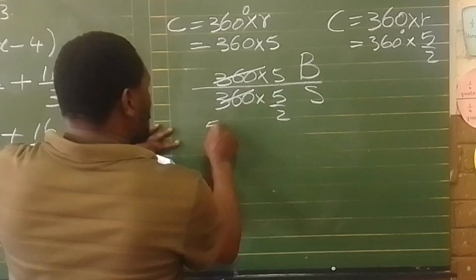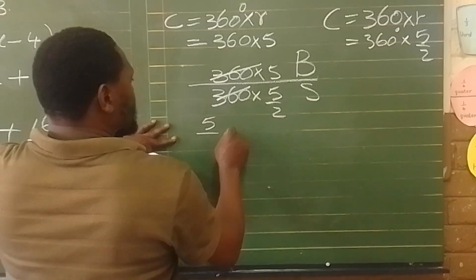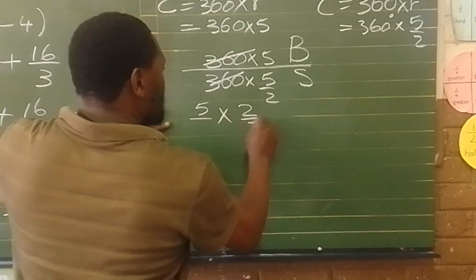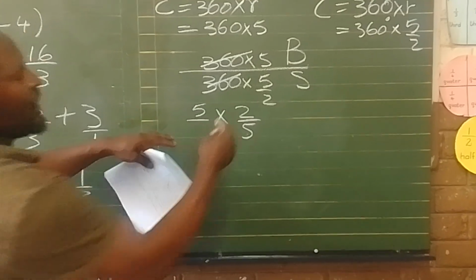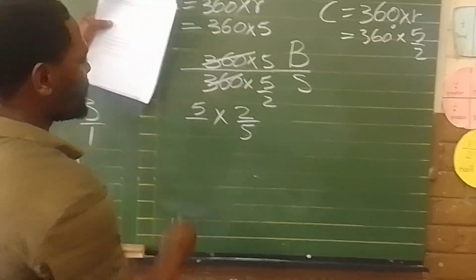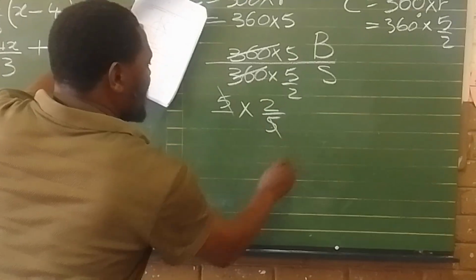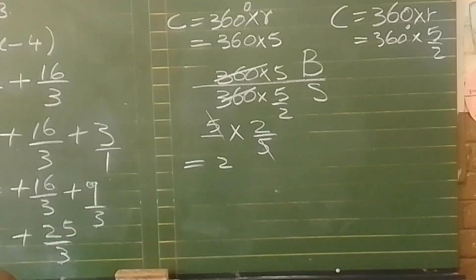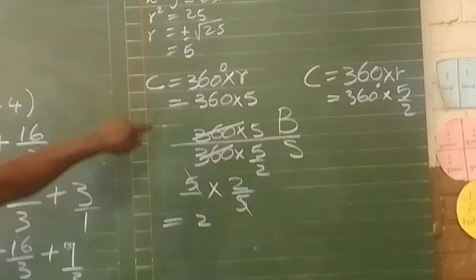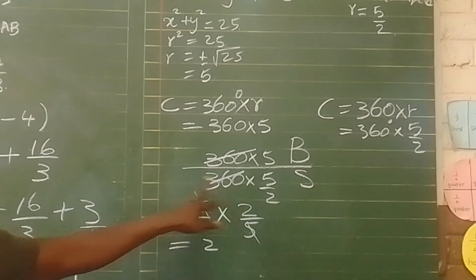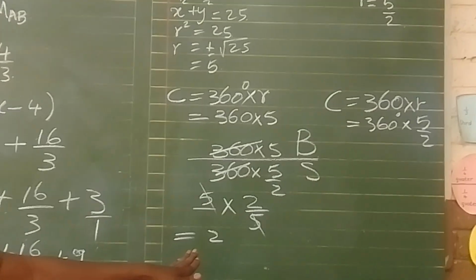Then you have 5 multiplied by 2 over 5. Here I just inverted 5 over 2 to be 2 over 5. So the 5 cancels the 5, you are left with 2. It means that when the big circle revolves once, then the small circle will revolve twice.